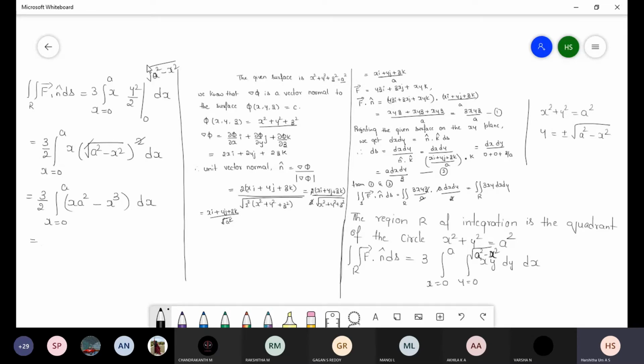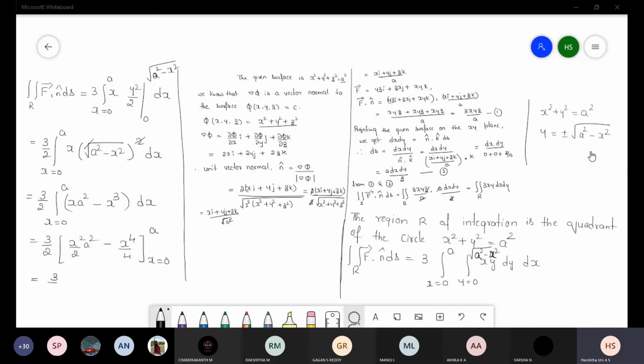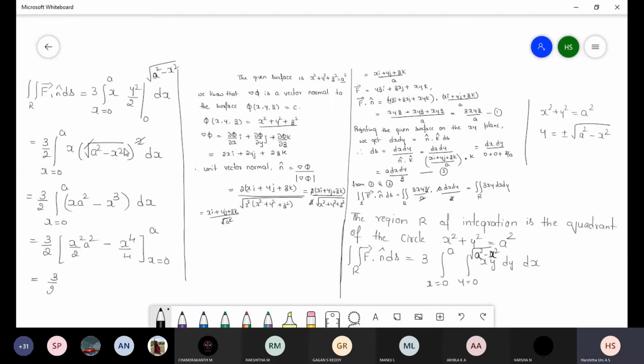So 3 by 2, the integration of x is x square by 2 into a square minus integration of x cube is x power 4 divided by 4, limit varies from x is equal to 0 to a. Again give the limit substitution.